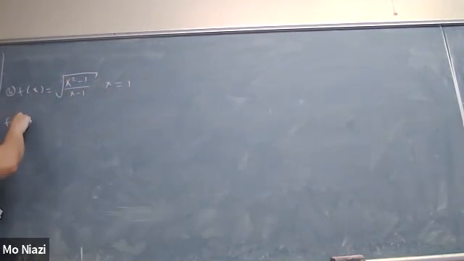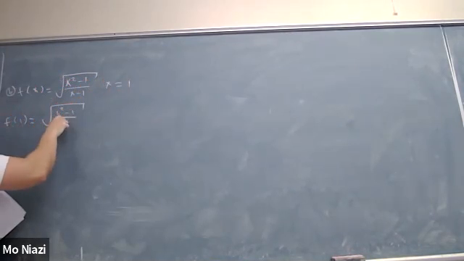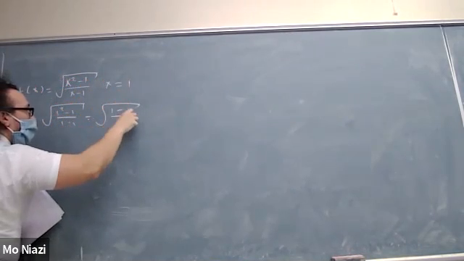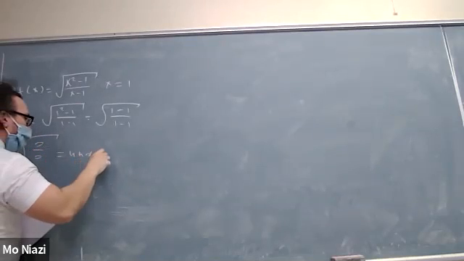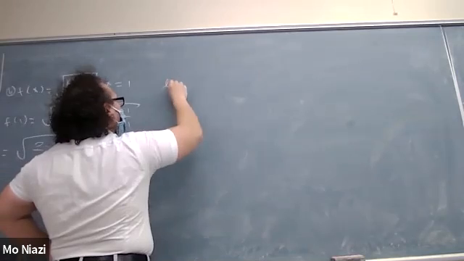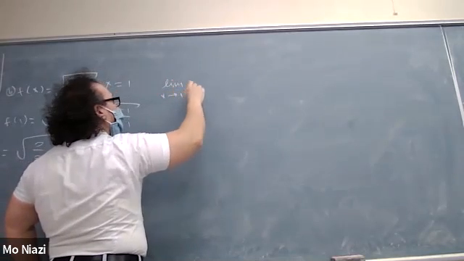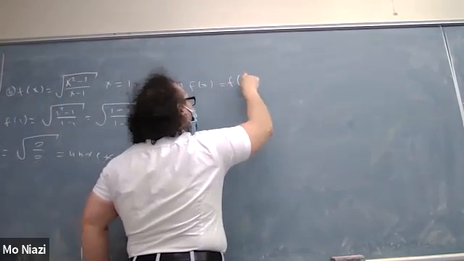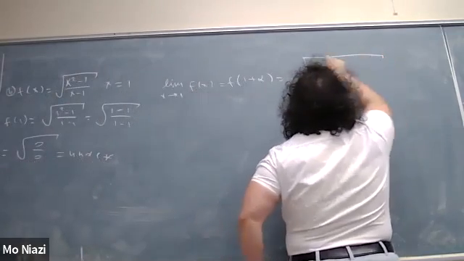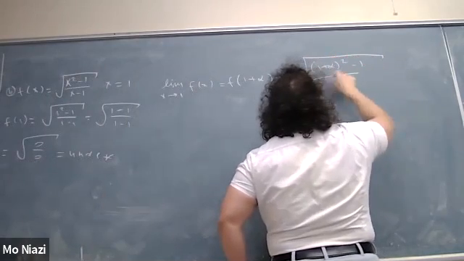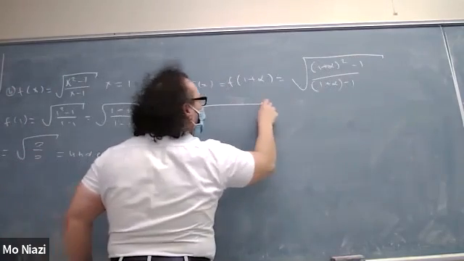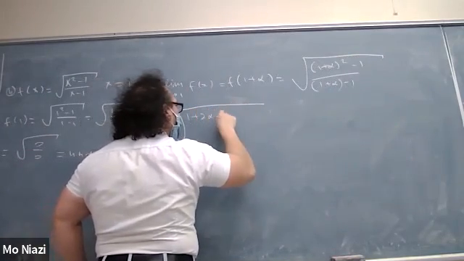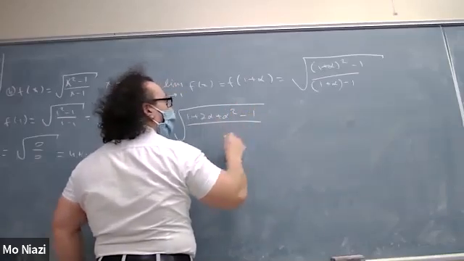Well, f of 1 is equal to this. It's undefined. But what is the limit as x approaches 1? These cancel.